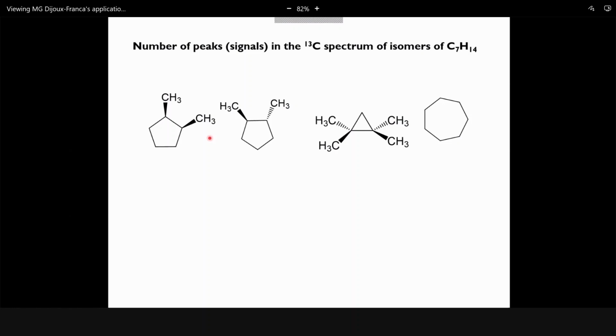So if we have equivalence between carbons, that means that we have a symmetry in the molecule. So can you tell me for each structure how many different peaks, different signals I should see on a carbon 13 spectrum? For example, for the first molecule.